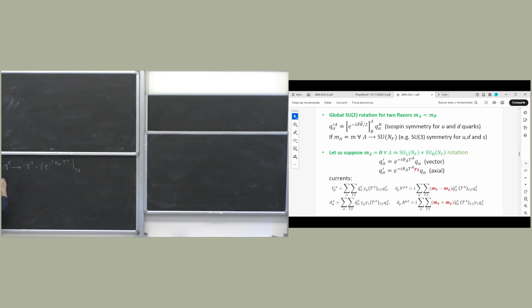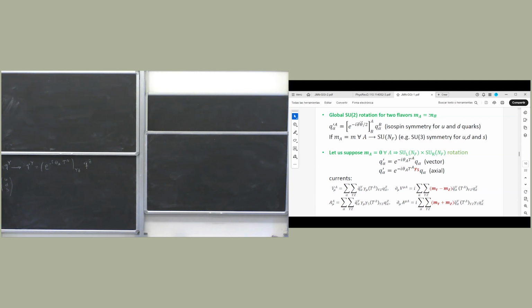So here I am considering the 3 lightest flavors, and so it's a matrix in the flavor space, and then you have q_j.